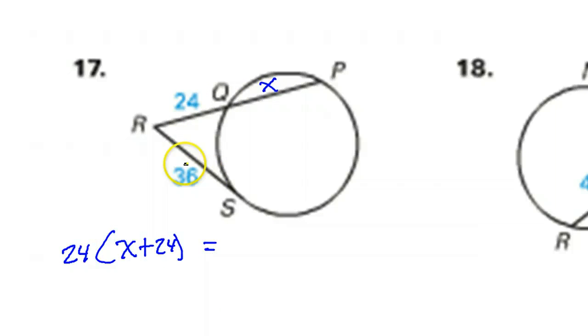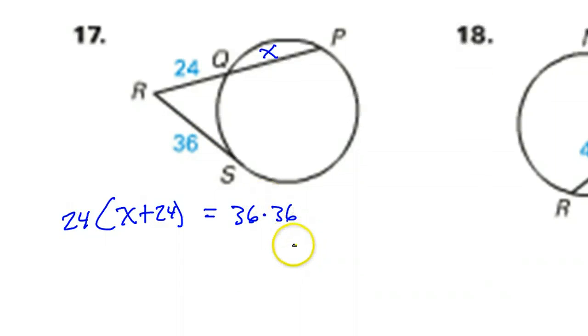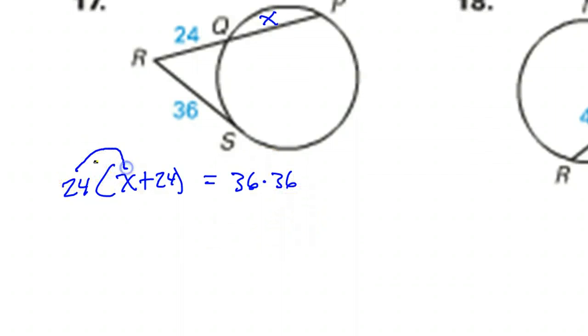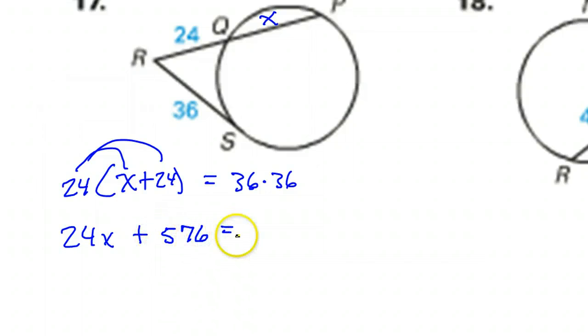Okay, now the other segment, 36 is the part and the whole, so it's 36 times 36, or 36 squared. These are big numbers any way you slice it. So I've got 24x plus 576 is equal to 1,296.